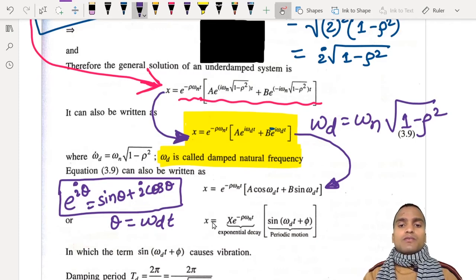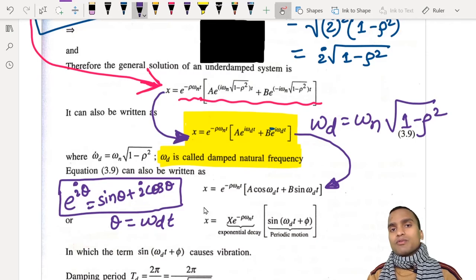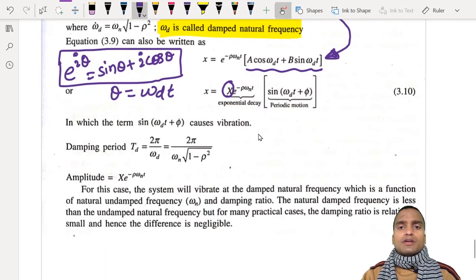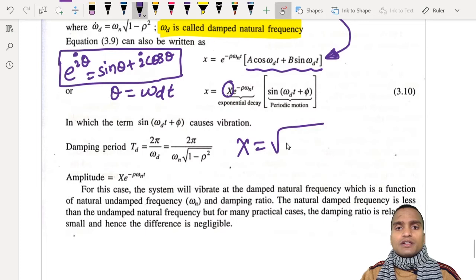Now finally x can be written as, see, there are many generalizations and assumptions involved while arriving at an equation as simple as we can. Any summation like this can be written as sin omega d t plus phi multiplied by another constant, capital X, and you can easily calculate that X will be equal to root under a square plus b square.